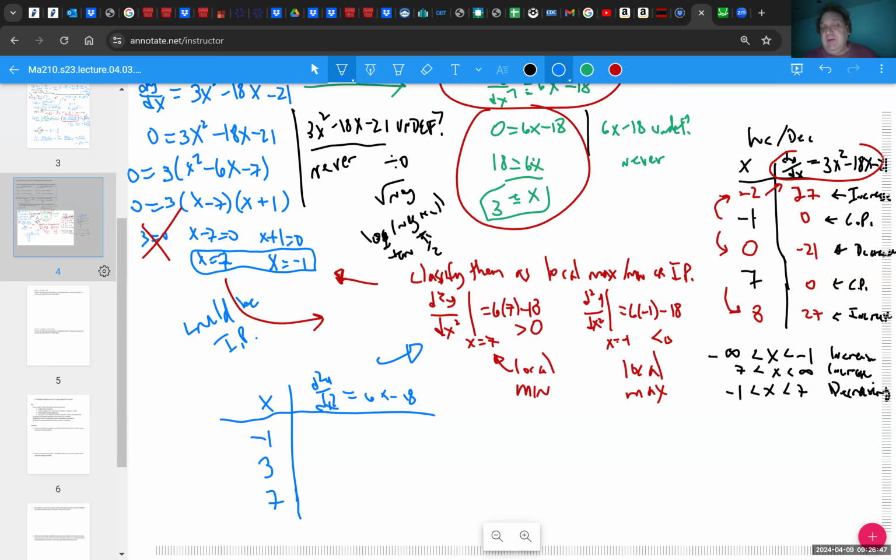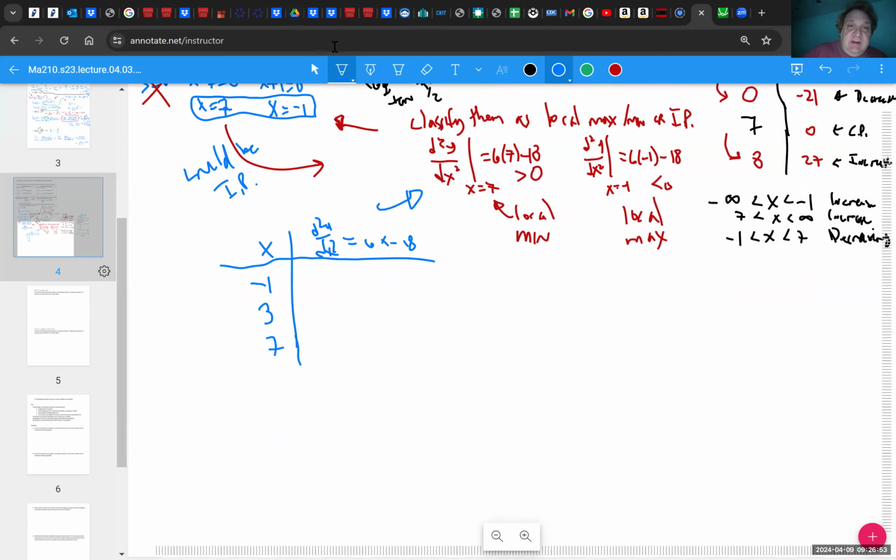So you'll just have to use more data in the second derivative. Let me make this just a little easier to see because I don't want to make it so smushed in. So we got -1, 3, and 7. Since we have 3 potential inflection points, there are 3 places it could possibly switch from concave up to concave down.